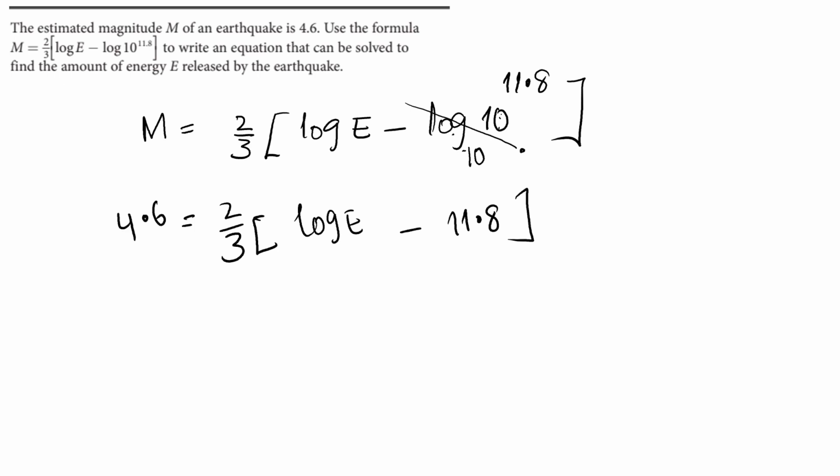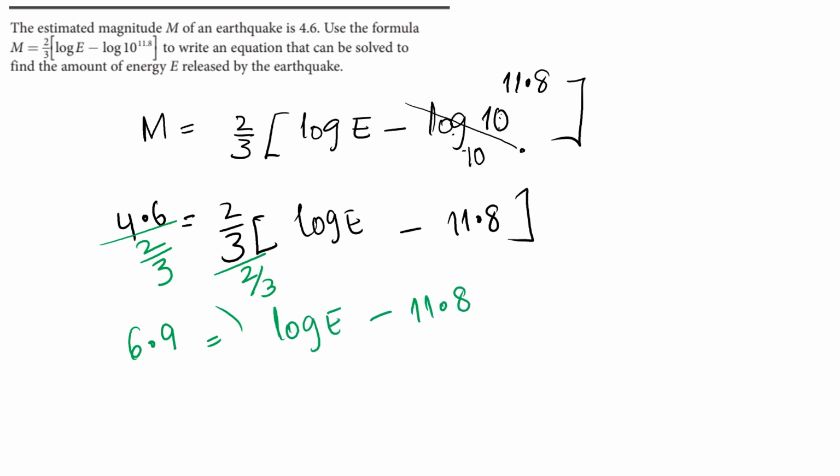Now divide both sides by 2 by 3 because you have to calculate the energy. Write in the calculator 4.6 divided by 2 by 3 and the answer is 6.9, equals log of E minus 11.8.